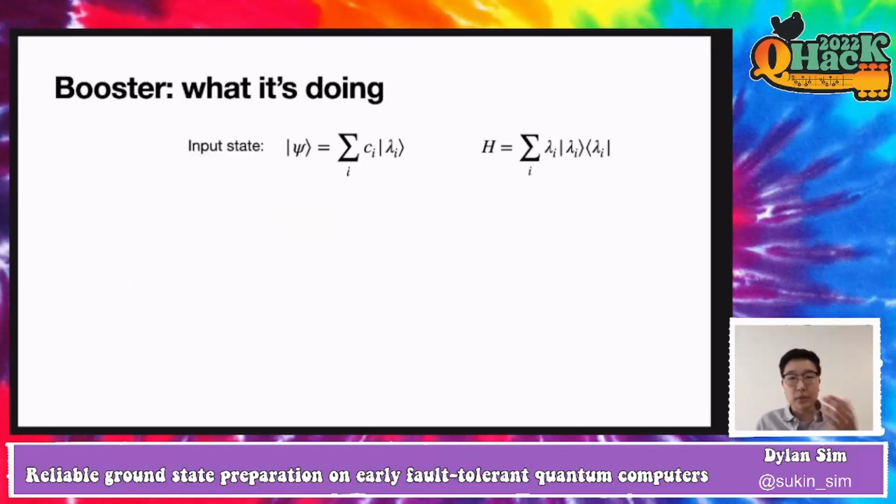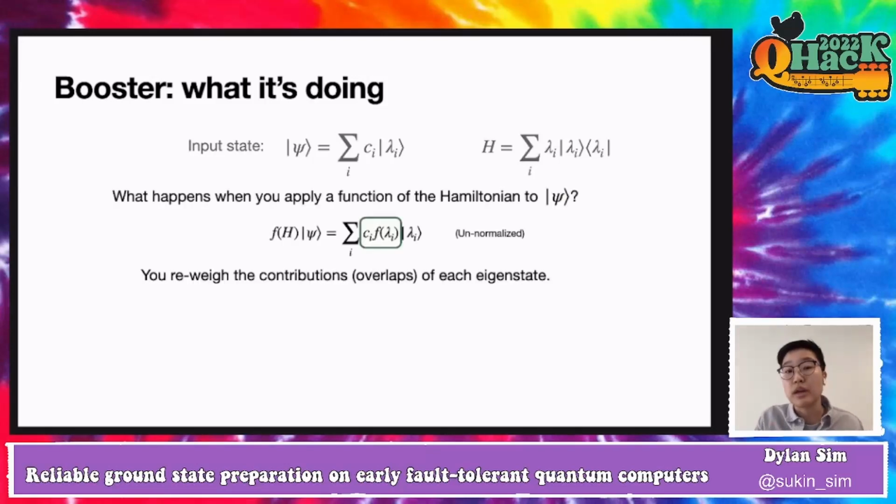Suppose you have an input state. This could be some easy to prepare mean field state or some VQE optimized state. And you can express this in terms of the eigenstates of the Hamiltonian. If we ask ourselves what happens when you apply a function of the Hamiltonian to this input state psi, what you see according to this equation below is that you're effectively reweighing the contributions or overlaps of each eigenstate.